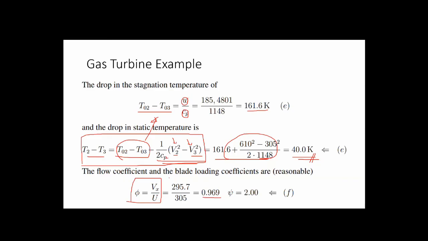So the flow coefficient is almost 97%, and the blade loading coefficient is 2, which is a reasonable value for a gas turbine. These two values are reasonable for a gas turbine.